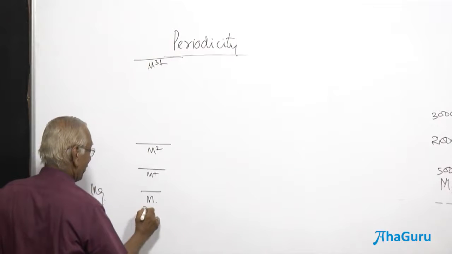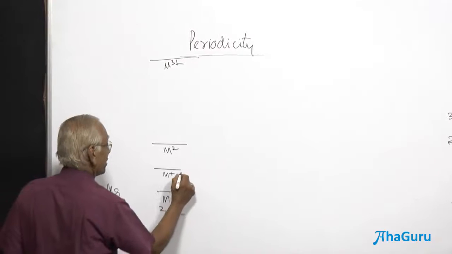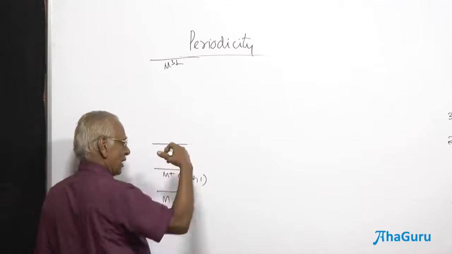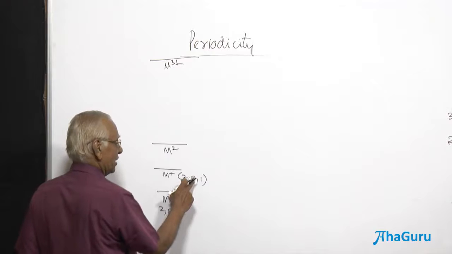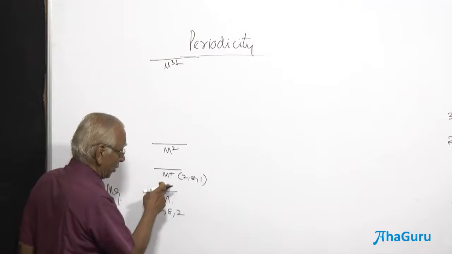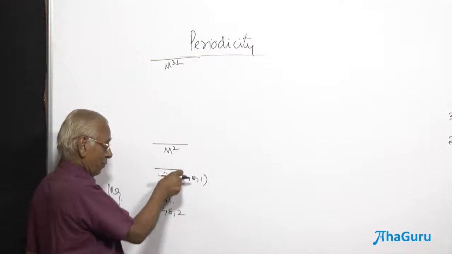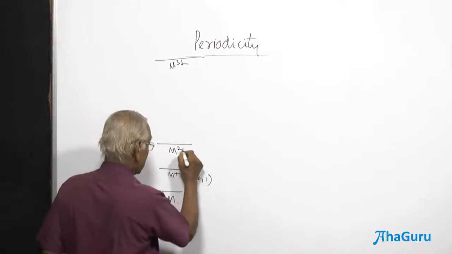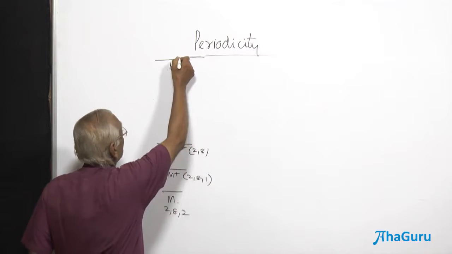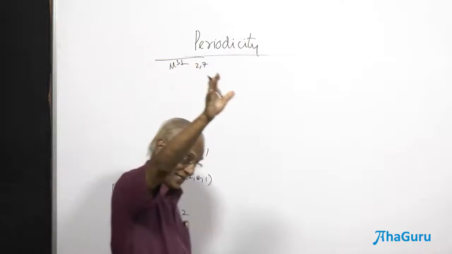What is the electronic configuration of magnesium? 2, 8, 2. What should be the configuration here? 2, 8, 1. So it's prepared to lose one more electron, but definitely the removal of the second electron becomes difficult when compared to the first electron, because there is a positive charge. Therefore, this is going to be the electronic configuration 2, 8 here, and you want to remove one more electron, 2, 7. It's rather difficult, extremely difficult.